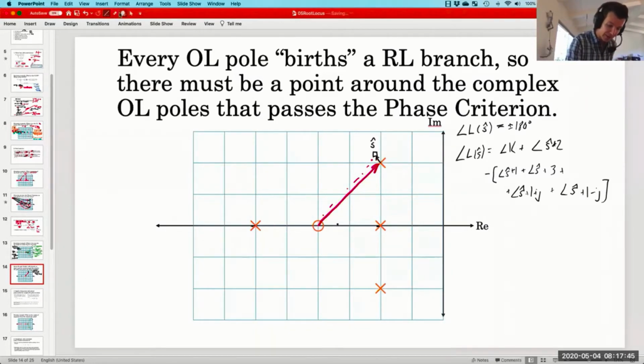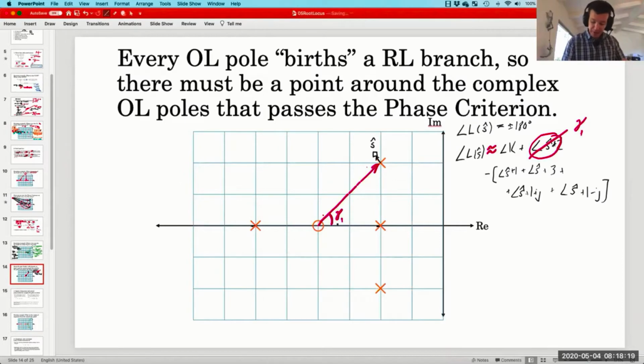In fact, when S hat gets closer, that approximation gets better, until in the limit, when S hat is an infinitesimal distance away from the open loop pole, this is entirely equivalent to the actual angle that I'm after. So I'm going to approximate the angle of L of S hat using these kinds of angles. I'm going to call that gamma 1. So this I'm replacing with gamma 1.